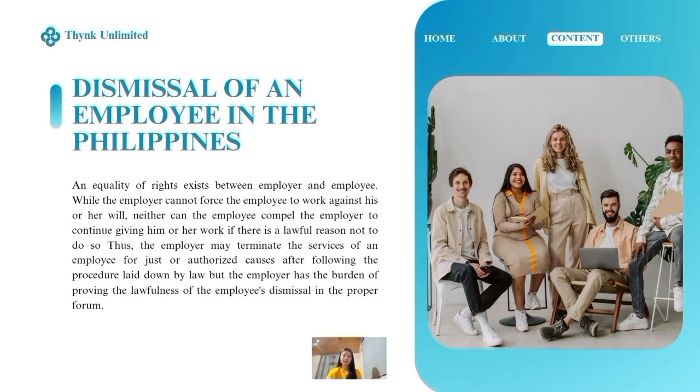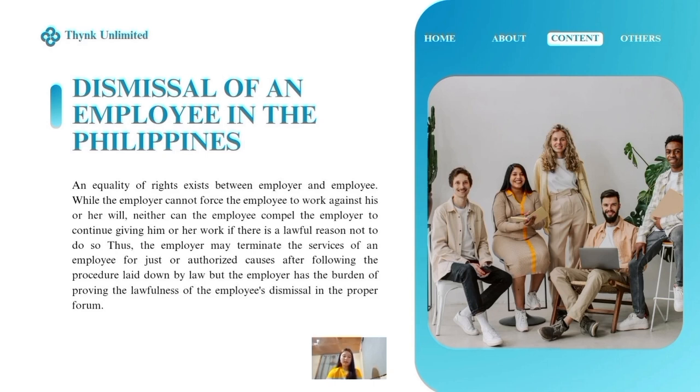Thus, the employer may terminate the services of an employee for just or authorized causes after following the procedure laid down by the law. But the employer has the burden of proving the lawfulness of the employee's dismissal in the proper forum.